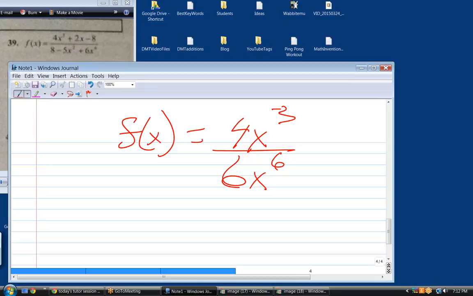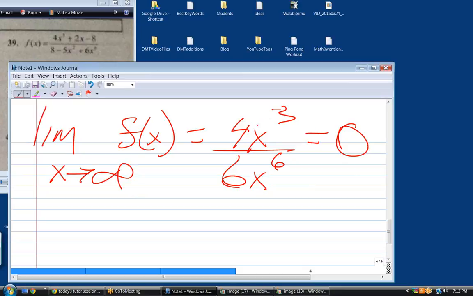So what's the limit of this as x goes to positive infinity? Goes to 0? Good. Just always remember that if the bottom blows up, it goes to 0.